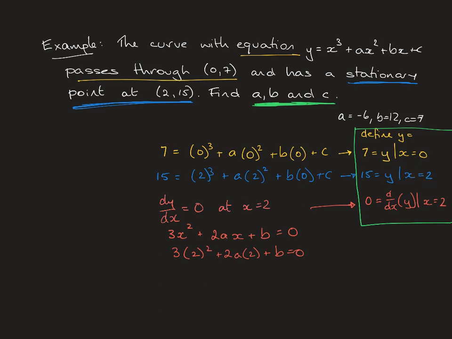So this means this, and this means this. And then finally, 0 is equal to the derivative of y evaluated at 2, which means this. And when I'm setting my simultaneous equations up, I need to remember that I'm not solving for x and y, but the values that I'm after are in fact a and b.